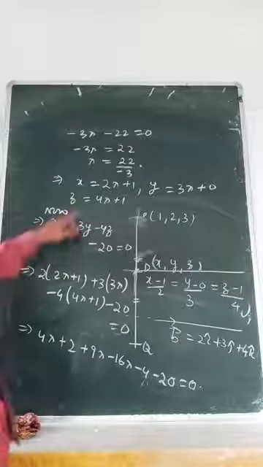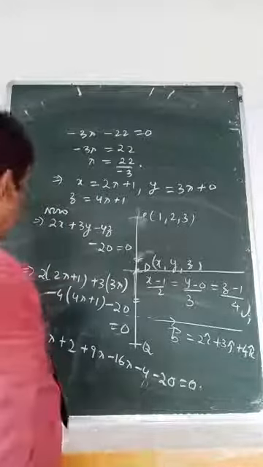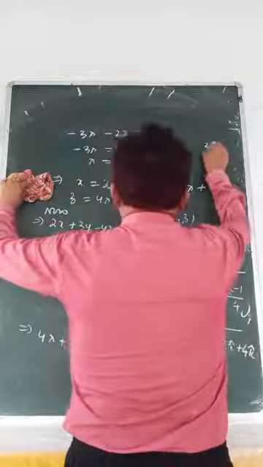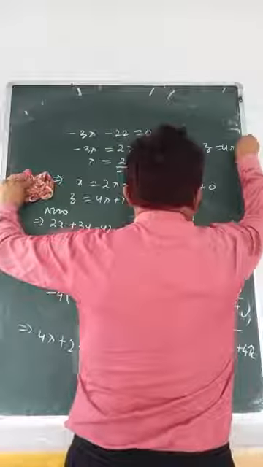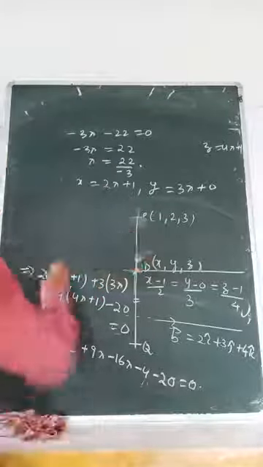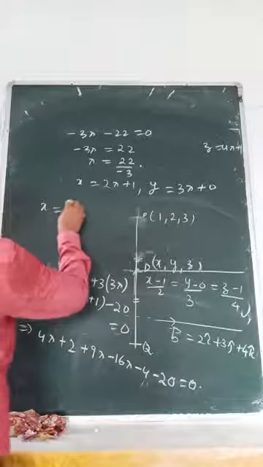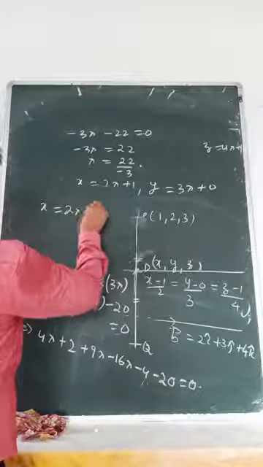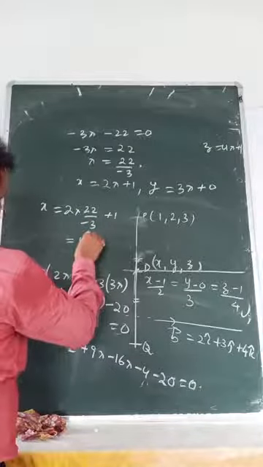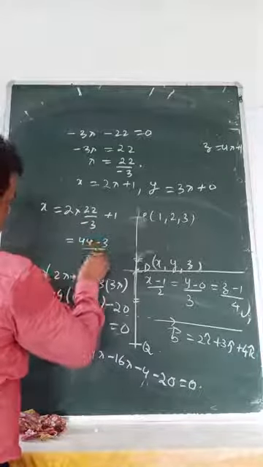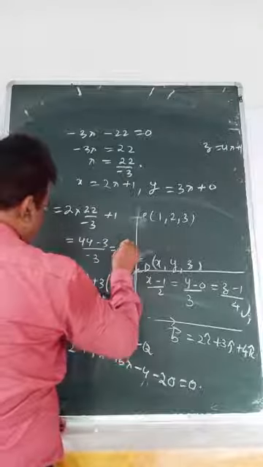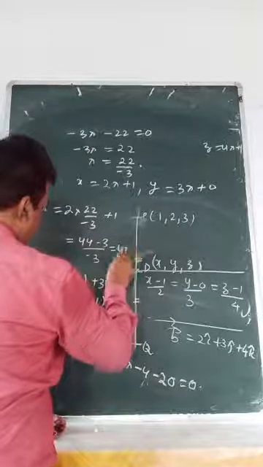Okay, now let's find out what is x. X equals 2 lambda plus 1, so x equals 2 into 22 by minus 3 plus 1. Directly we write 44 minus 3 by minus 3, that is minus 41 by 3.